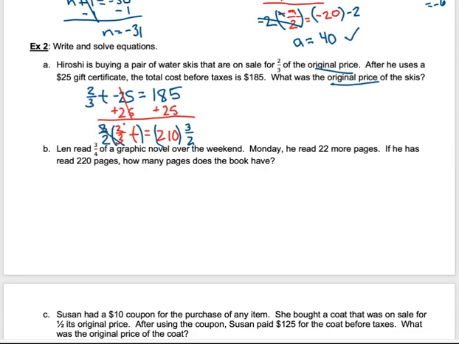So that cancels out the 3 and the 2, and I get the original price equals 210 times 3/2. And I get $315. Don't forget your units. If you put this dollar sign, that counts.